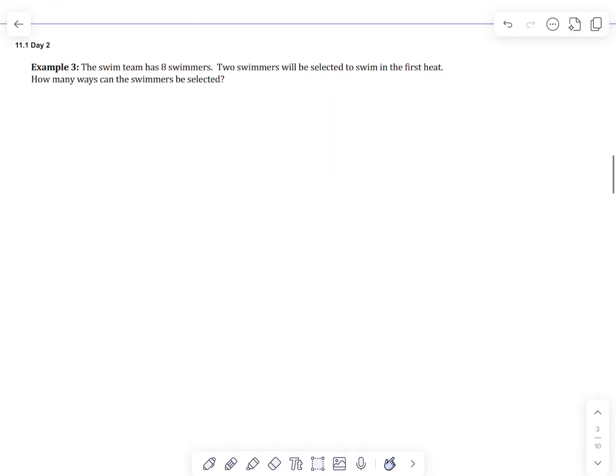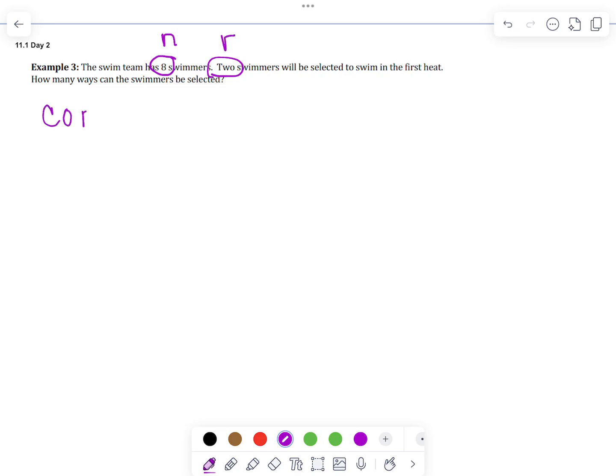Example 3. The swim team has 8 swimmers. 2 swimmers will be selected to swim in the first heat. How many ways can the swimmers be selected? So there are 8 total. So that's your n. And you're going to have groups of 2. And that's your r. This one again is a combination because you're having groups of 2 people.